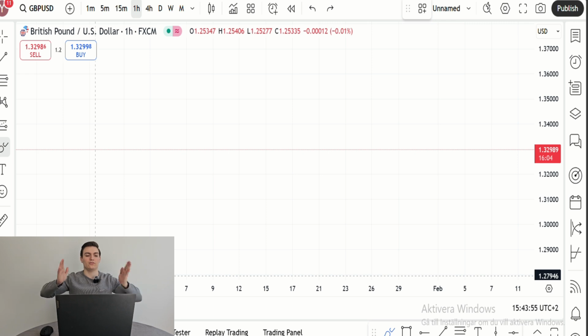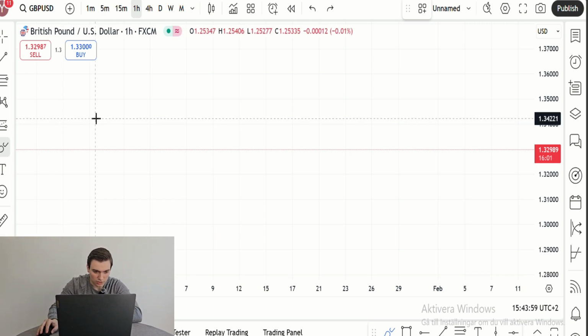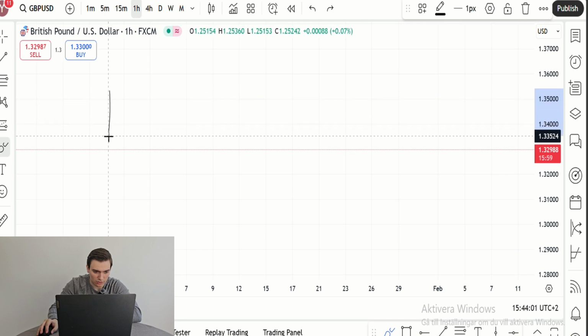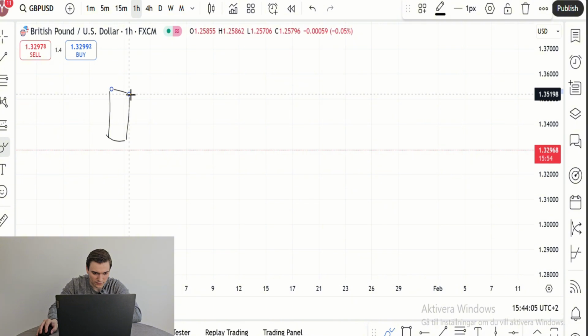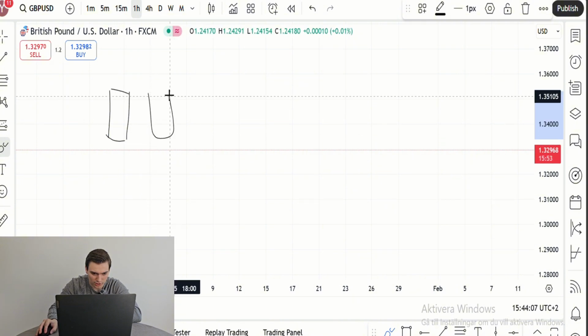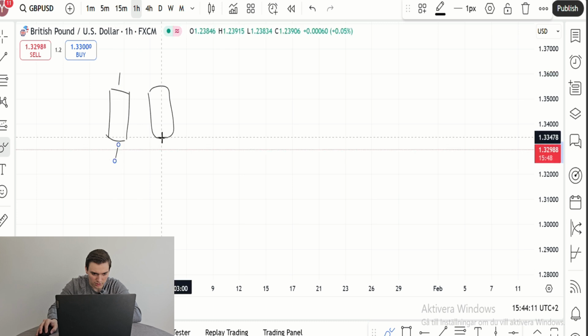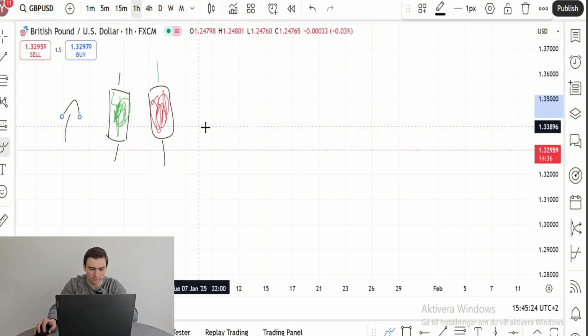Now it's going to get a little bit more difficult and confusing for beginners, but I'm going to try to make this super simple. A high and a low in a 2 candlestick pattern, so 1 candle, 2 candle. A up candle and a down candle.